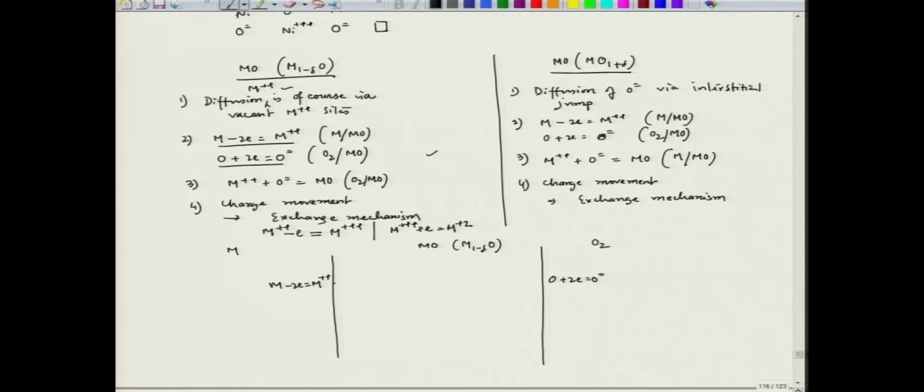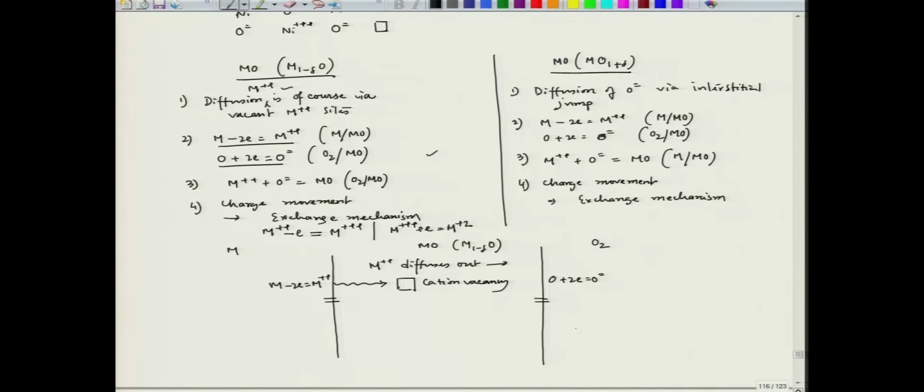The metal ion should move to the other end, because we have metal cation vacancy. It diffuses out, and now we have to see the charge transfer, how the charge is transferring from this end to this end.